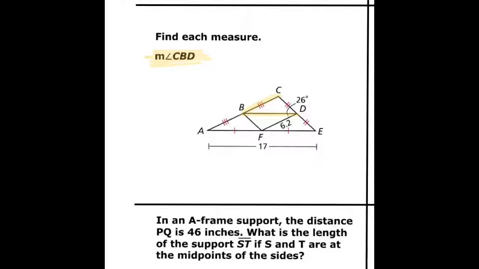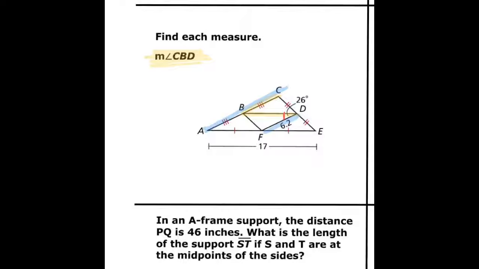I am going to actually focus right now on, and I'm going to do these in blue, DF and CA. Because when I'm looking at the angles that I'm working with here, I know that I have this particular angle right here, angle 26.